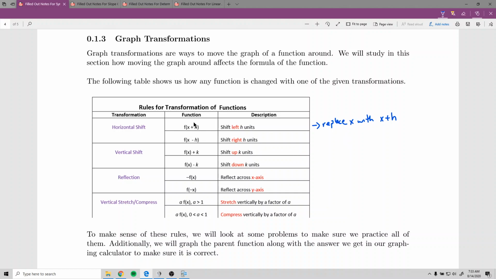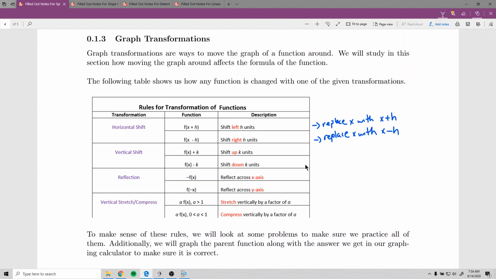We know what that means from the last few sections because we've been dealing with function notation. The second one, if we want to shift right, is very similar. We still replace x with something, but it's x minus h. Now, these are often mixed up because when you move left, that's negative, and people want to do minus. So it's the opposite there.